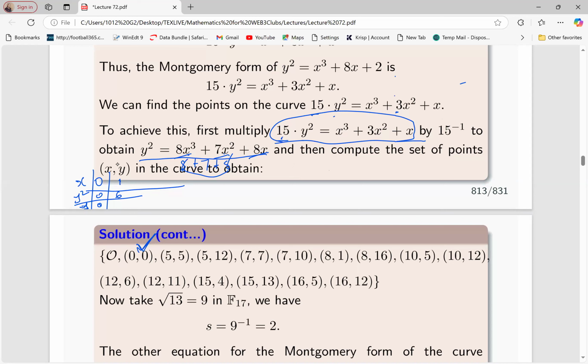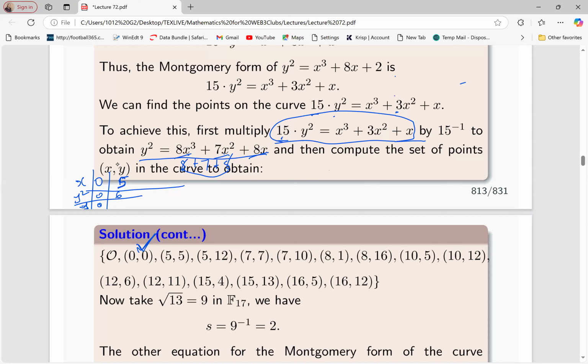Again, when x is 2, the value of y square that you get has no square root. When x is 3, when x is 4, the same thing. But when x is 5, I get a value that has a square root.